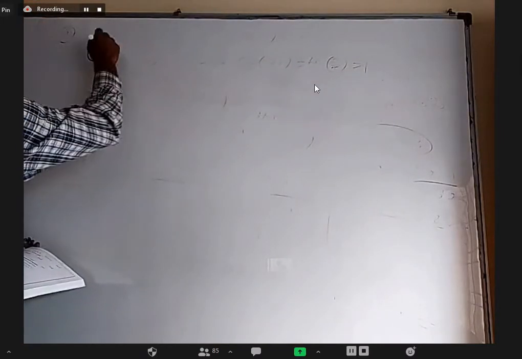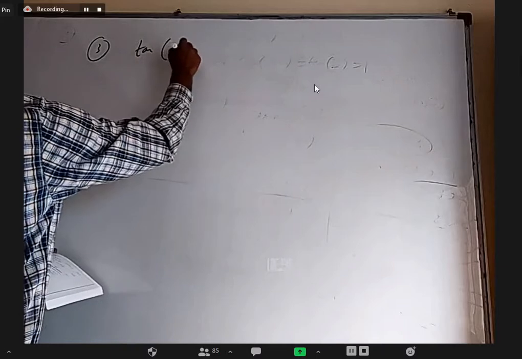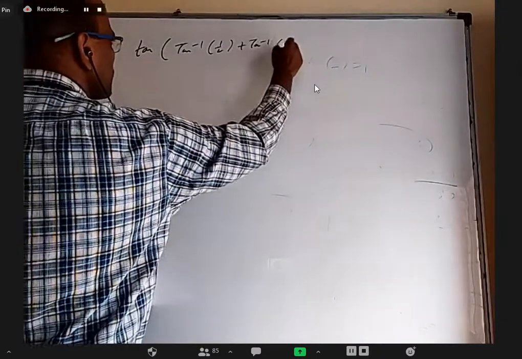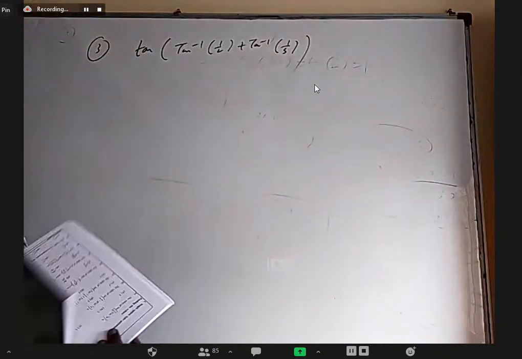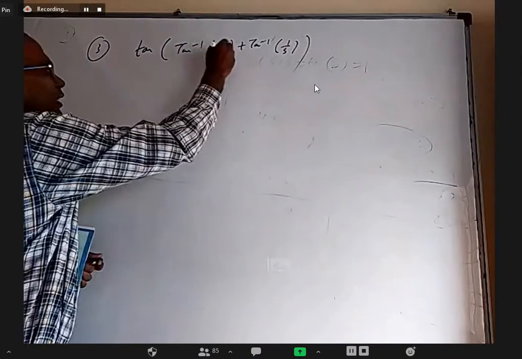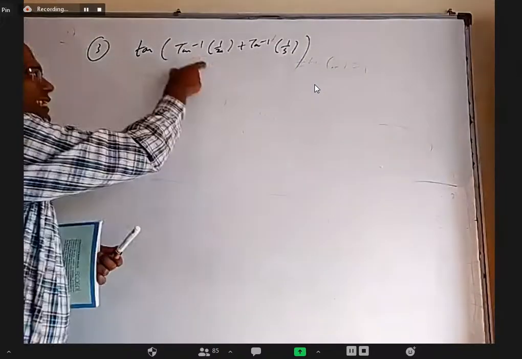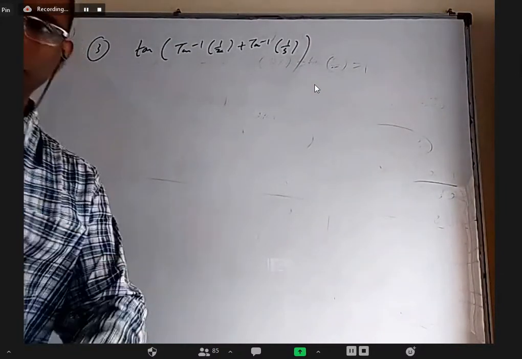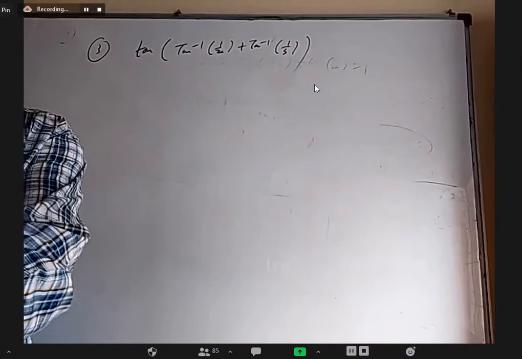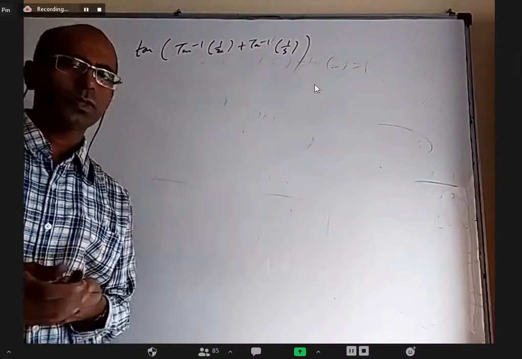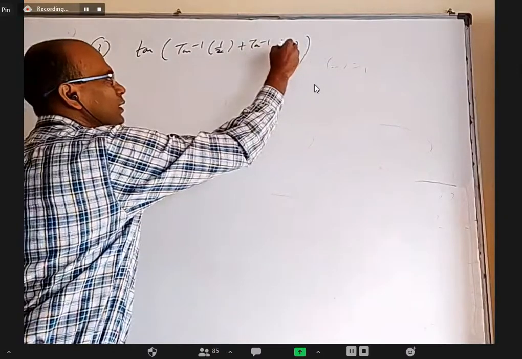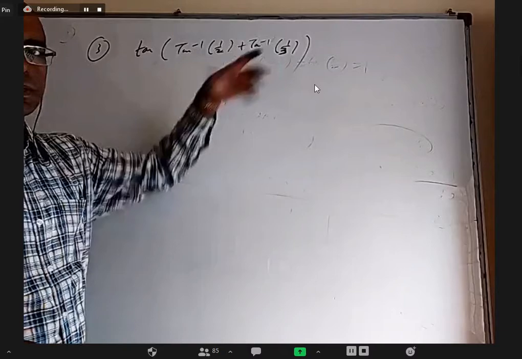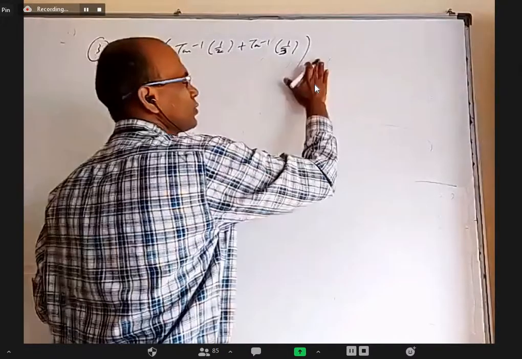Third question: tan of tan inverse 1 by 2 plus tan inverse 1 by 3. We have derived a formula: tan inverse x plus tan inverse y. What is the formula? Tan inverse of x plus y by 1 minus xy. You can use that formula. If you don't remember, simply take this as A, this as B. So I'm not going to use any formula.